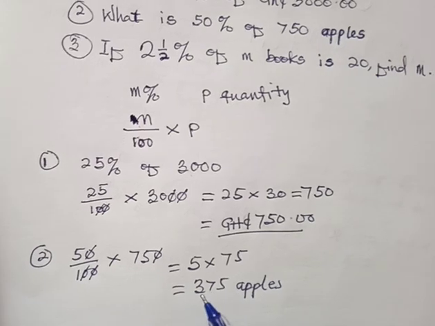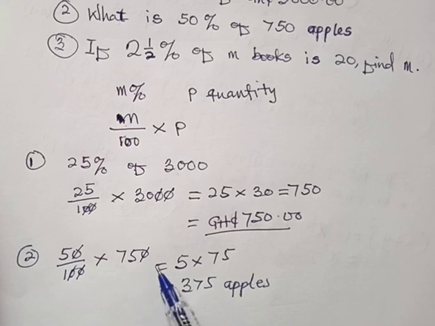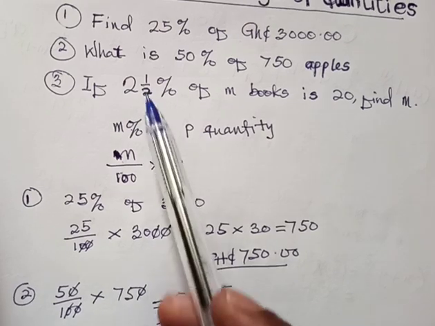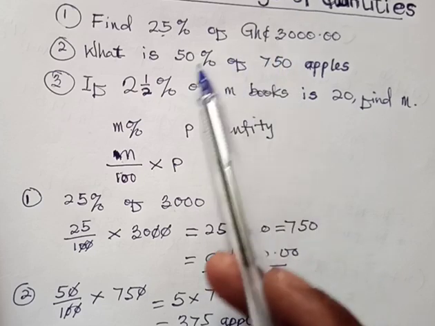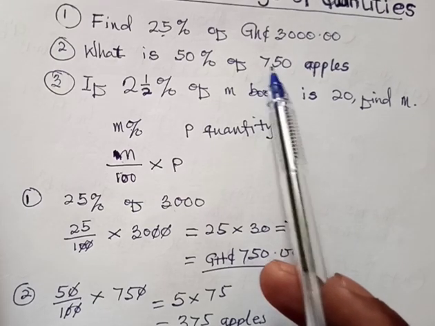So this is very basic. Now let's look at the third example. For the first two examples, very basic, very simple. The third one says that if two and a half percent of M books is 20, find M. So this one too is very basic. Looking at the first two examples, we were asked to find 25% of 3,000 Ghana cedis, and also 50% of 750.